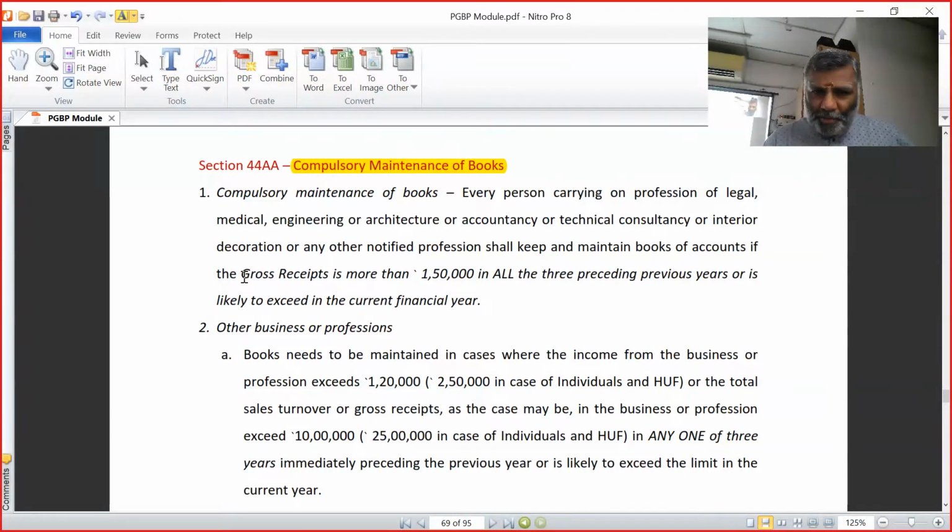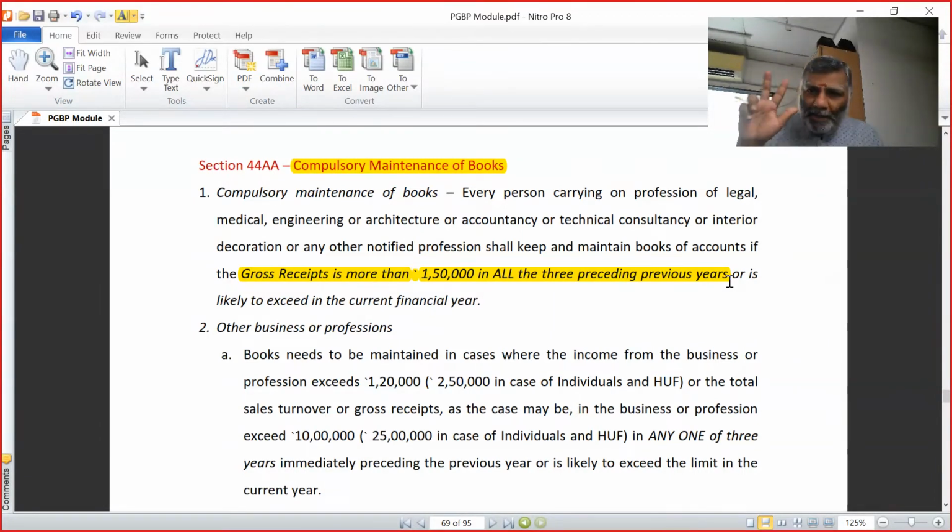Gross receipts is more than 150,000 in all the 3 preceding previous years. To know whether I should maintain books in 21-22, I need to check the gross receipts of 20-21, 19-20, 18-19.